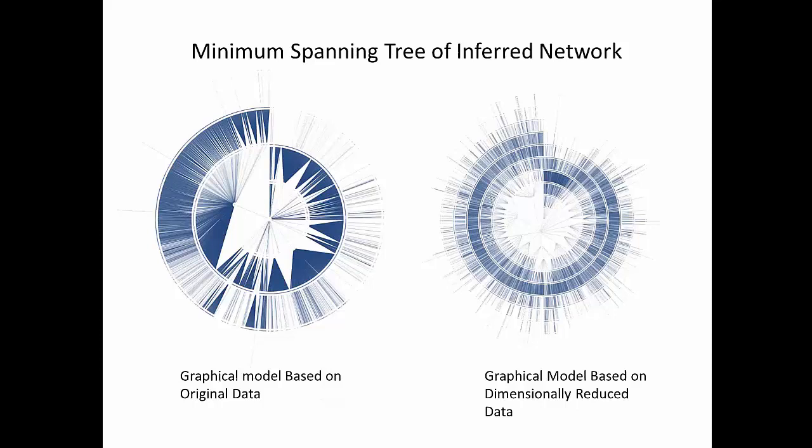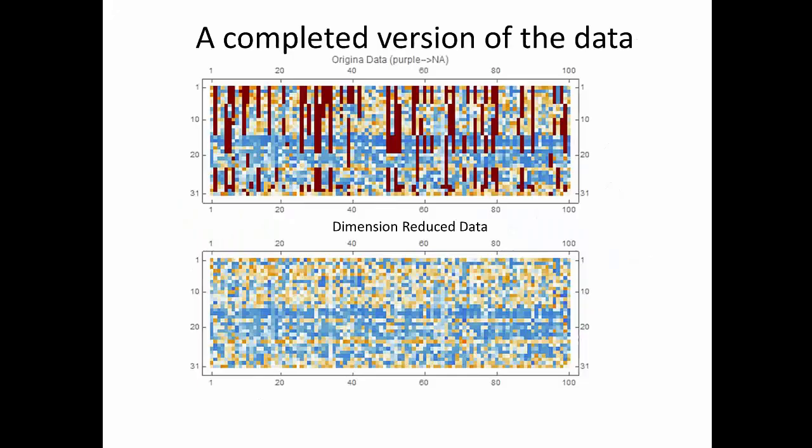How does it get filled in, and how should we compare the imputed matrix to the unimputed matrix? Yes. So, for your first question, the rationale for how we're filling in this data.